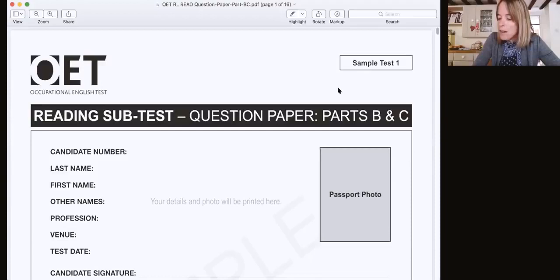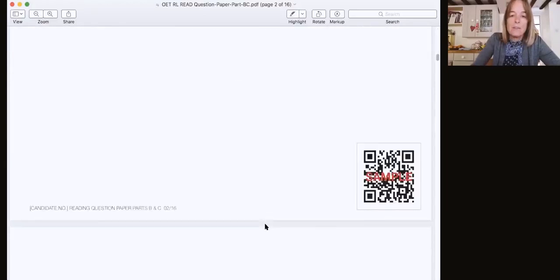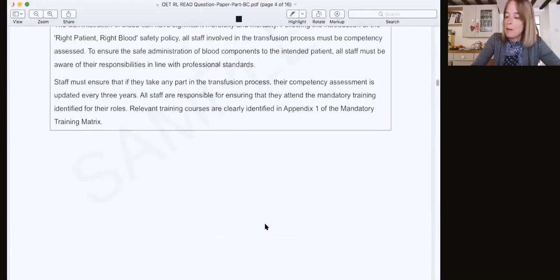So if we look at part C, parts B and C of the reading last for 45 minutes. Let's just go forward to part C so you see what I'm talking about.